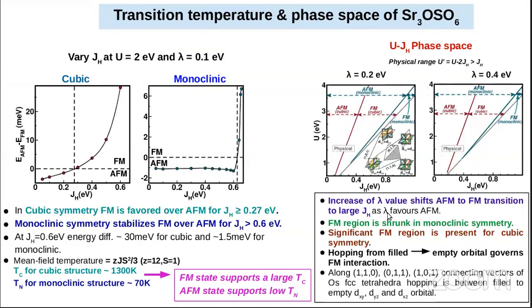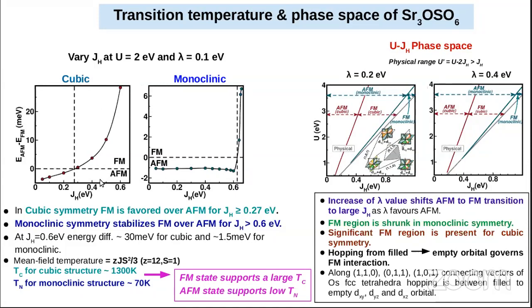Next, the transition temperature and phase space of Sr2CaOsO6. Here, the exchange interaction is determined by the energy difference of ferro and antiferro alignment of Os spins for both the cubic and monoclinic cases. Here, we have kept the U value at 2 eV and lambda value 0.1 eV and varied the JH value. We get these two diagrams.